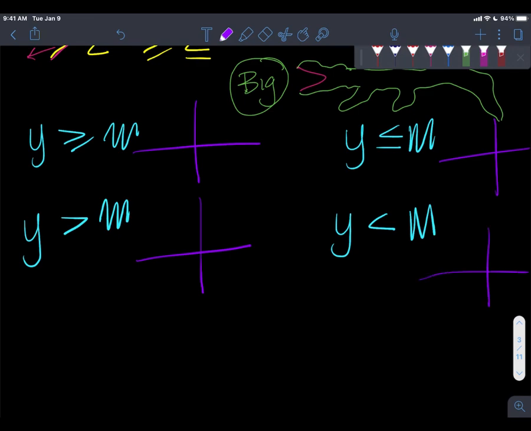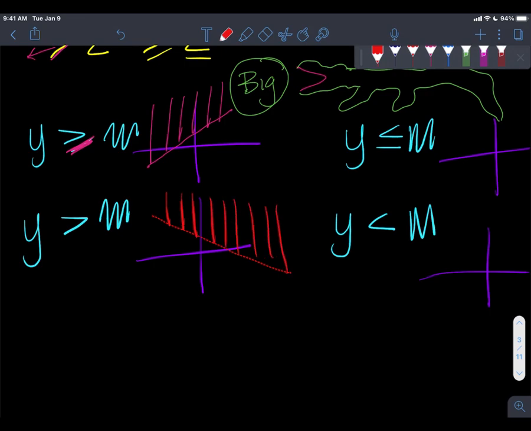For this first one, it's going to be shaded above with a solid line. Here's my line, shaded above. This told me my line was solid. Next one, no extra line, that means this is a dashed line, and its y is greater, so I'm going to shade above.